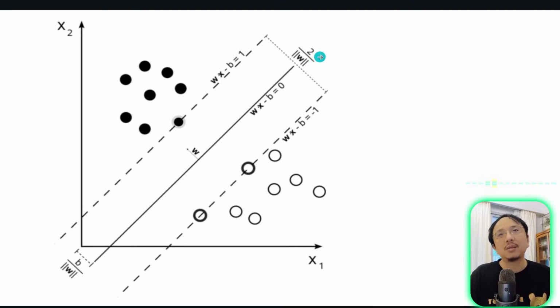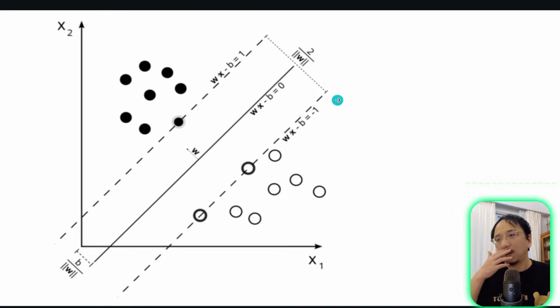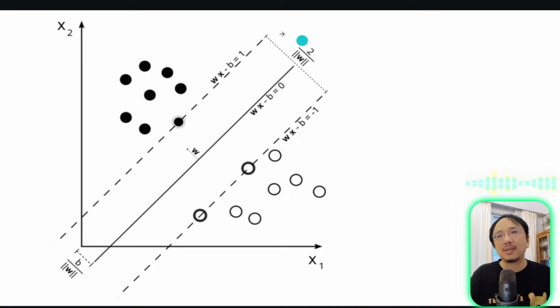And in fact, if we compute the distance, you can find the length of this margin is 2 over the length of w, which means if we want to maximize the margin, we are going to minimize the norm of w.